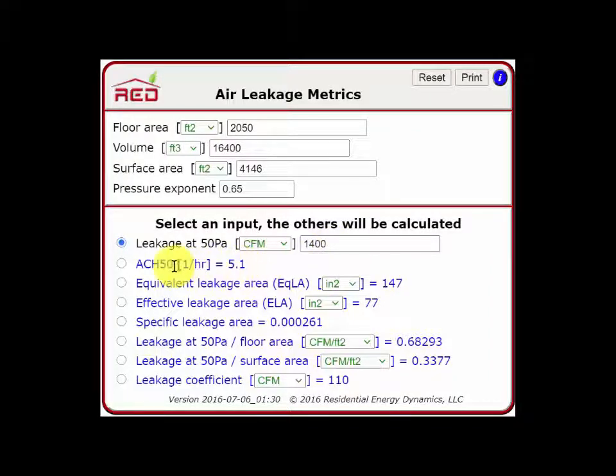Now, if we use, on the other hand, the ACH50, we're in better condition because ACH50 requires the volume to be used. So now we have a better idea and we can better compare a large house to a small house, but there's still a problem.